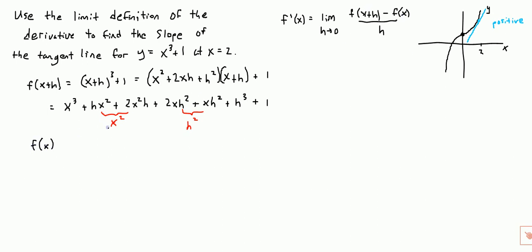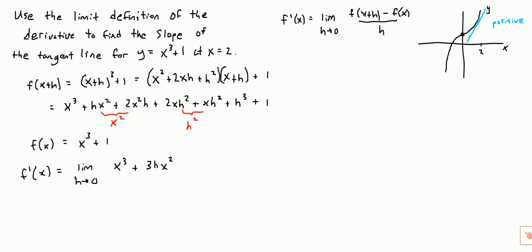f of x, that's just x cubed plus 1, right? Nothing changes there. So now let's go ahead and plug in. f prime of x is the limit as h approaches 0. So we have f of x plus h, that's what we got here. x cubed. Combining these two terms gives me 3hx squared.